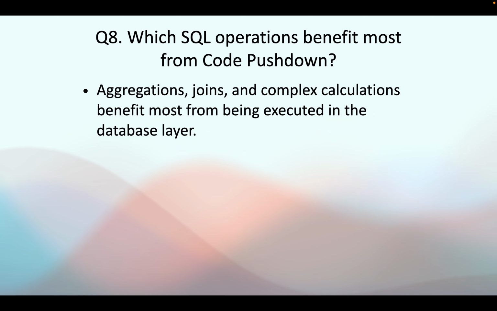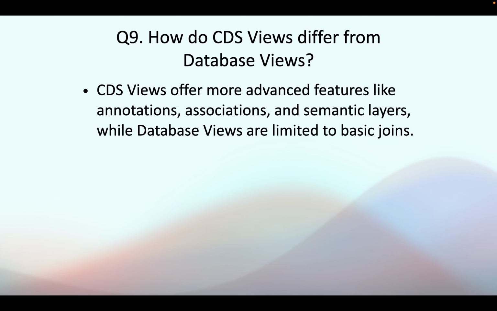Aggregation, joins and complex calculations benefit most from being executed in the database layer. How do CDS views differ from database views? CDS views offer more advanced features like annotations, associations and semantic layers, while database views are limited to basic joins.